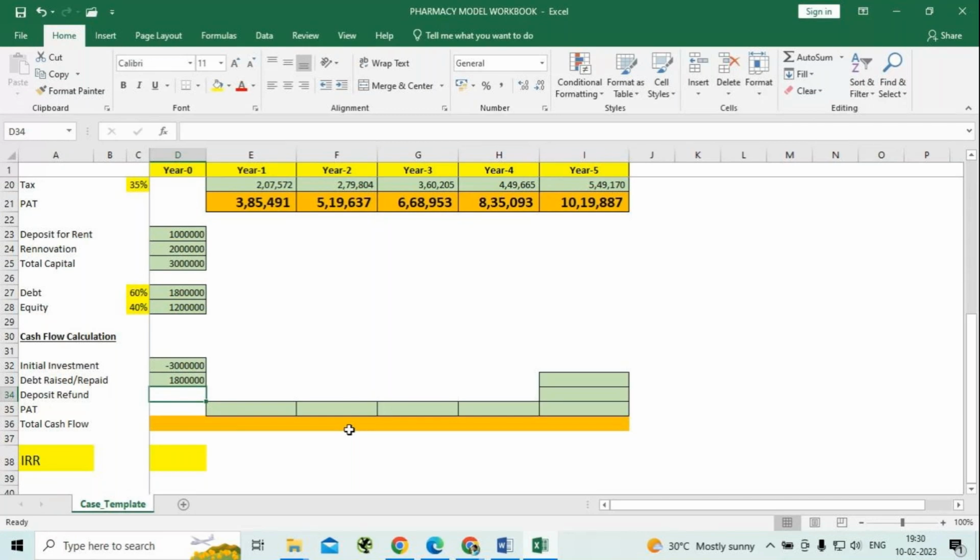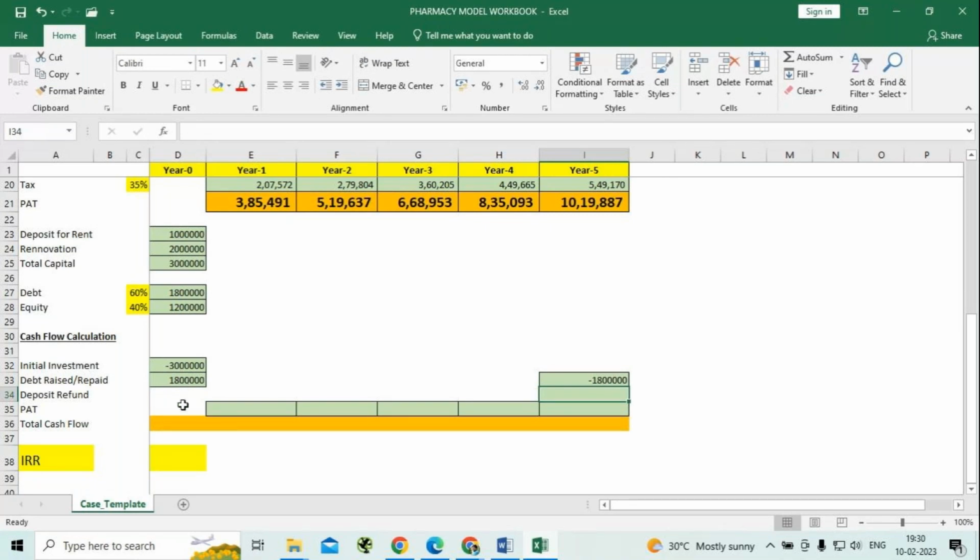Now I'm not going to pay it every year with an equated annual installment. I was paying only the interest amount, but I'm going to pay it at the end of the period, on the fifth year, with the whole amount. So the money is going out of the business, so it is minus 18 lakh.